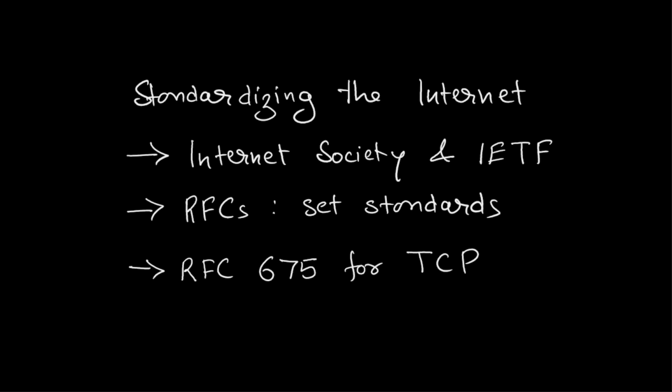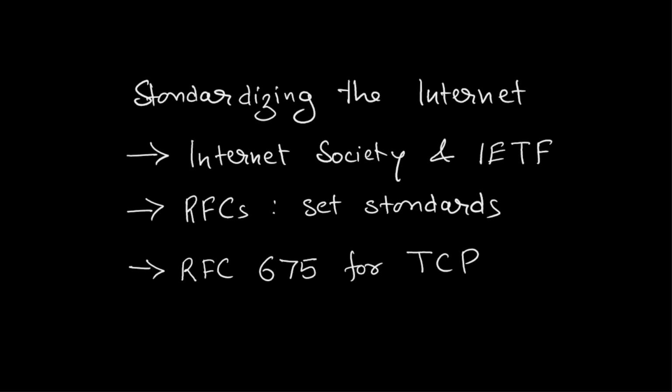We have discussed protocols, packet switching, and sockets, but one might wonder who designs these protocols and systems upon which the internet functions. It's done by the Internet Society through its subbody called the Internet Engineering Task Force, or IETF. Their job is to standardize the working of the internet, which allows interoperability between different organizations.